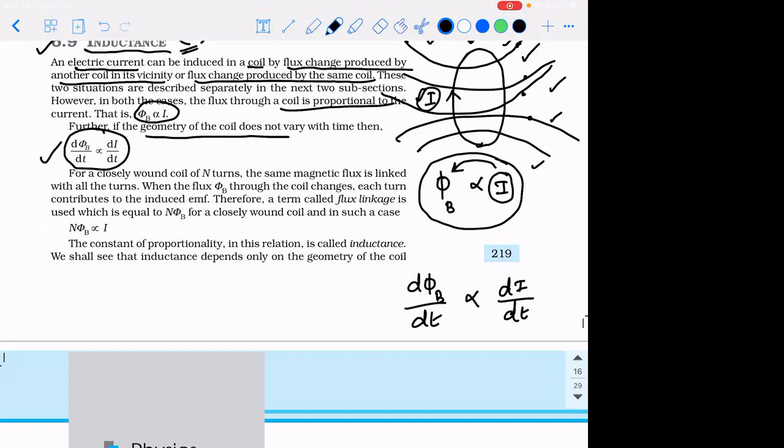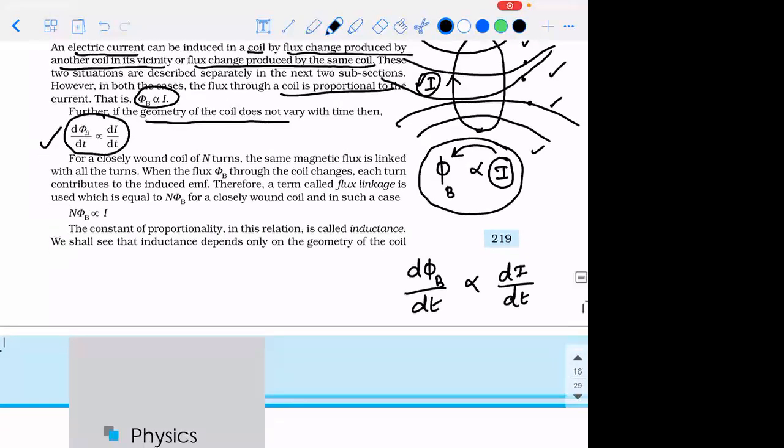Now, listen to this carefully. I'm revisiting the statement again. Now, I'm going to define inductance. Flux linked with the coil is directly proportional to the current. If I multiply this value with N, it means that the coil has N number of turns. So N times the flux linked with each turn is directly proportional to the amount of current flowing through the circuit.